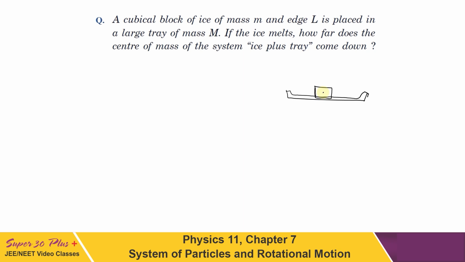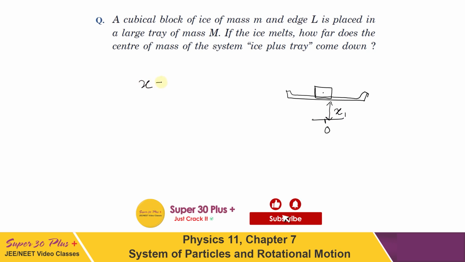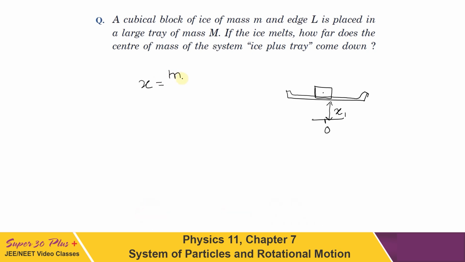So if we take our origin to be here, which is just below the center of the cube at a distance x1 from the tray, we can write x for the center of mass of the system to be equal to m, this I am writing for the cubical block of ice, so it has to be m, times x2, this x2 is the location of the center of the ice cube with respect to O. So let us draw this also in your figure, that is equal to x2.